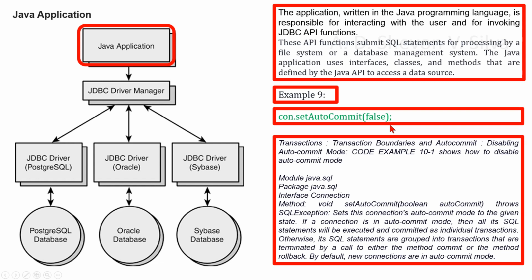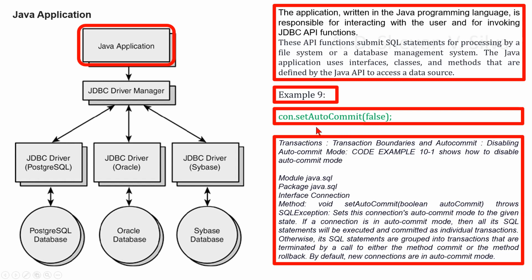Now we are considering transaction boundaries and auto commit. We are considering disabling auto commit mode. This code example shows how to disable auto commit mode.